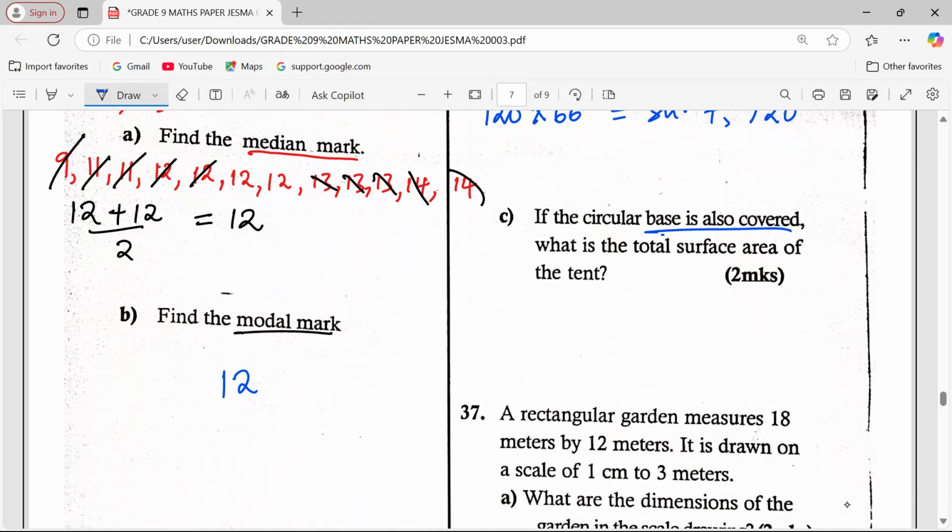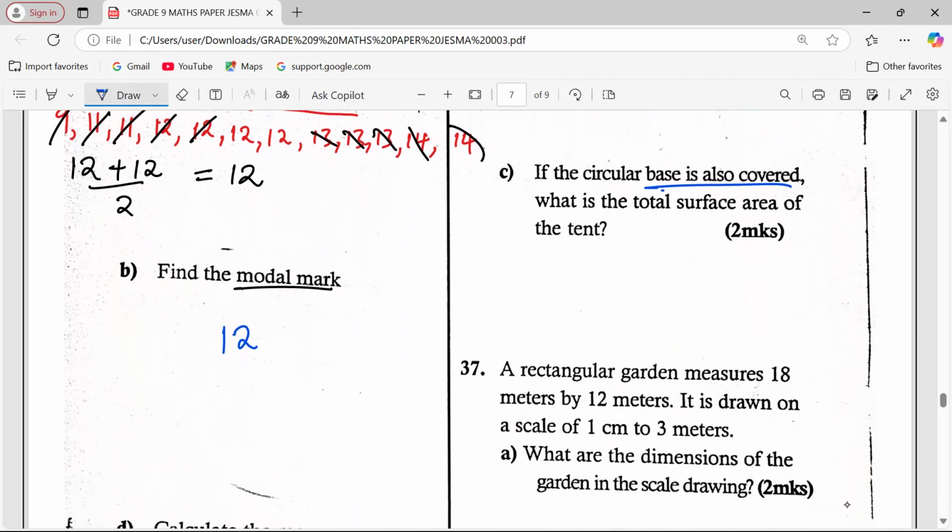Part C, if the circular base is also covered, what is the total surface area? So the circular base, the area will be pi r squared. Area of a circle is pi r squared. So if the area is pi r squared, we expect 22/7 to be multiplied by 3.5 times again 3.5, and this will give us 38.5.